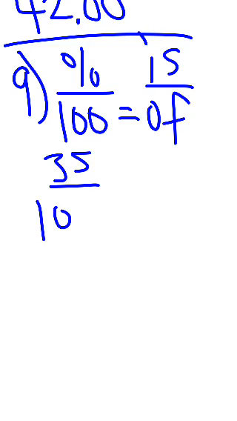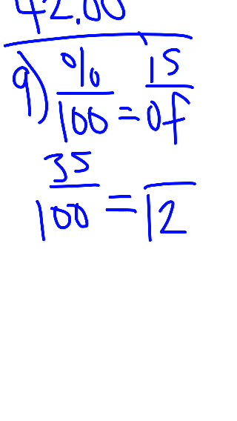If you use this method, you don't have to convert your percent into a decimal. Where would 120 go? Right, 120 will go in place of. And we can let n represent the unknown, or is. I'm not going to finish solving this, but when you cross multiply and divide, you would get the same answer, 42.